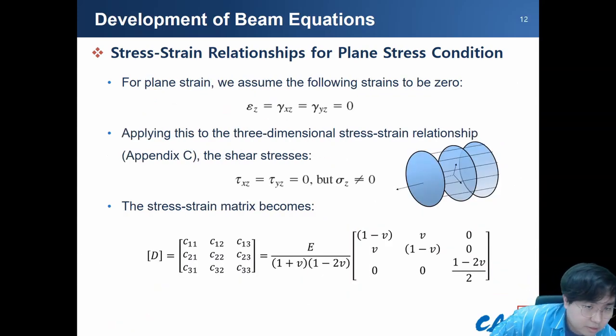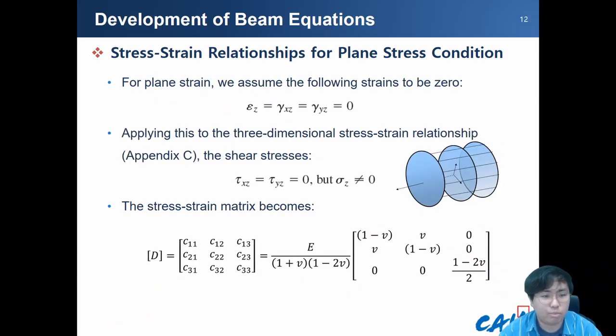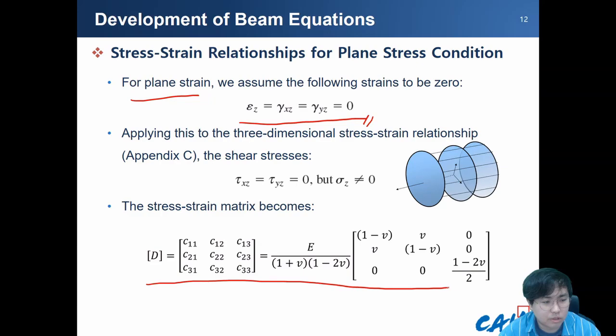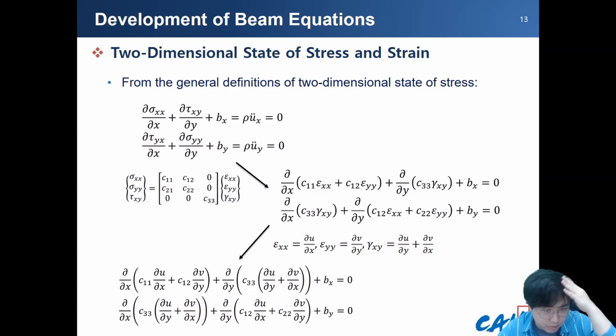And then, plane strain. For the plane strain, we assume that all strain related to the z direction is equal to 0. So we can also obtain those kinds of relationships. That's a very simple concept, so we're going to skip. But anyway, depending on your assumption, plane stress or plane strain, the elastic stiffness matrix can be represented like this.